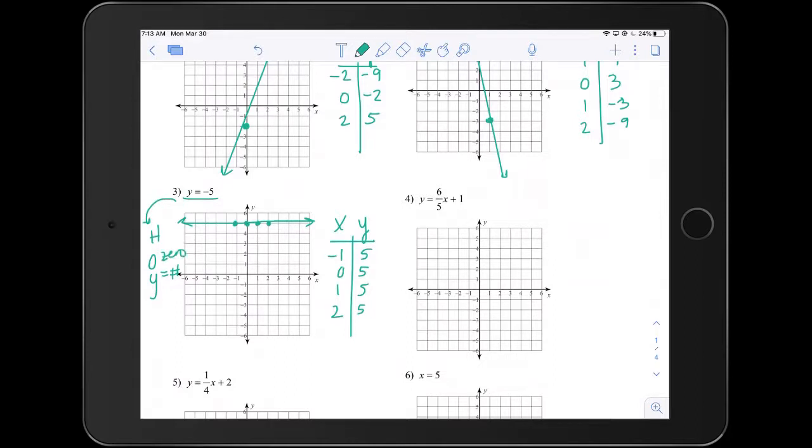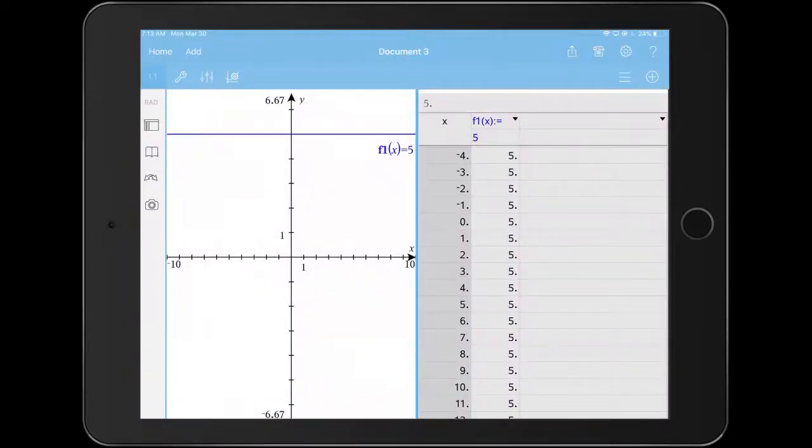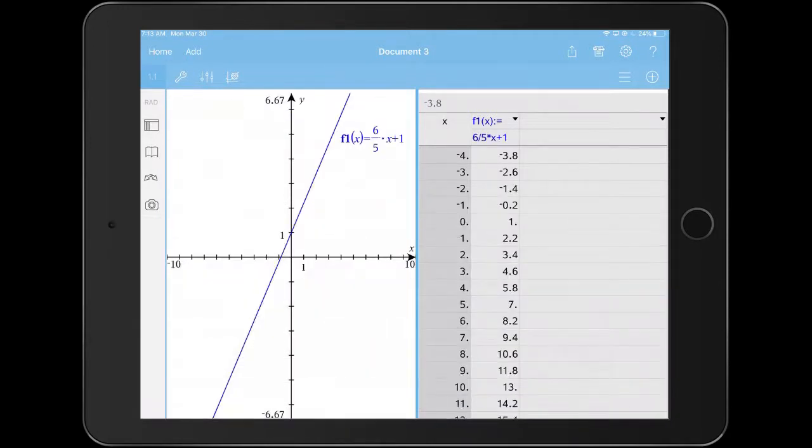Okay? Our next line here, we have y equals 6/5 x plus 1. Again, I want to plug that into my graphing calculator. I notice that I have like negative 4, negative 3.8. I don't want to plot those if I don't have to. So let's look for our whole numbers.